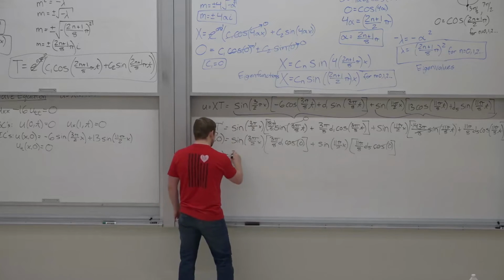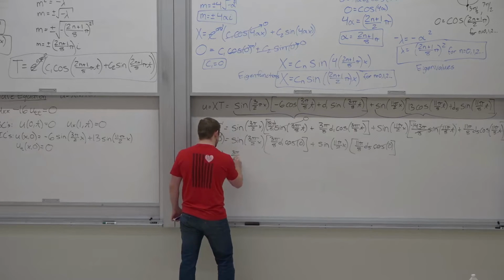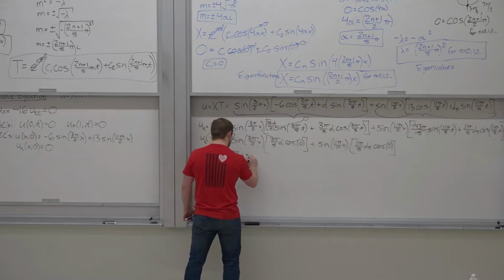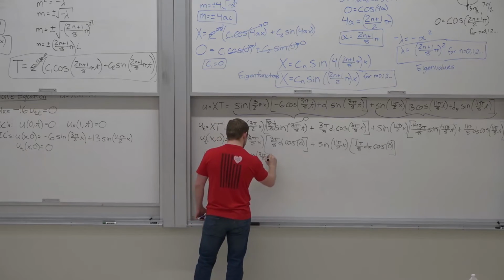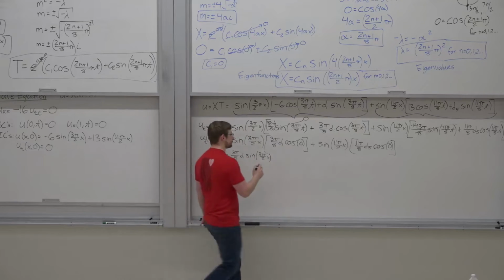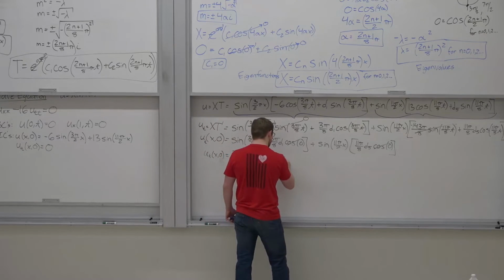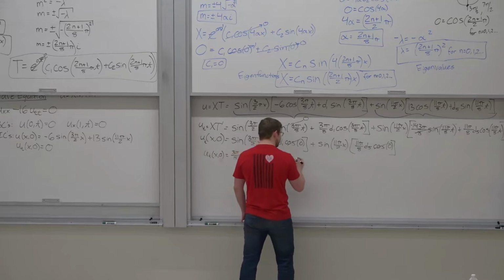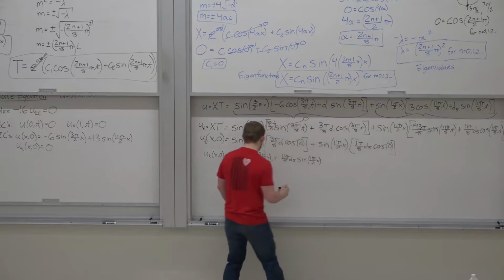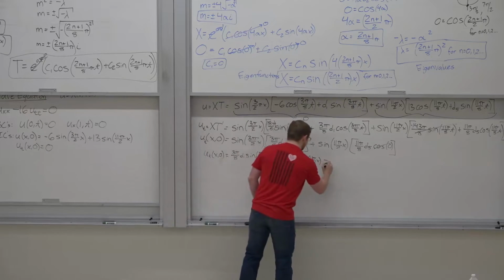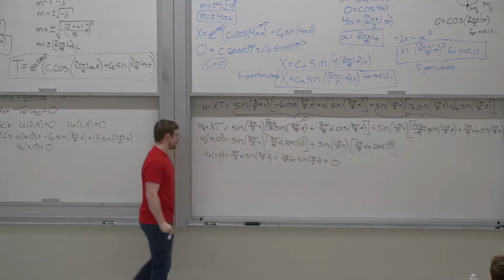So I'm going to have 3 pi over 8 d1 sine of 3 pi over 2x plus 11 pi over 8 d5 sine of 11 pi over 2x. And I know that this is going to be equal to 0.